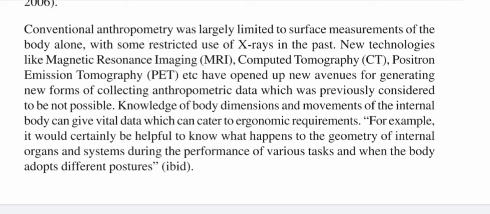Knowledge of body dimensions and movements in the internal body can give vital data which can cater to ergonomic requirements. For example, it would certainly be helpful to know what happens to the geometry of internal organs and systems during the performance of various tasks and when the body adopts different postures.